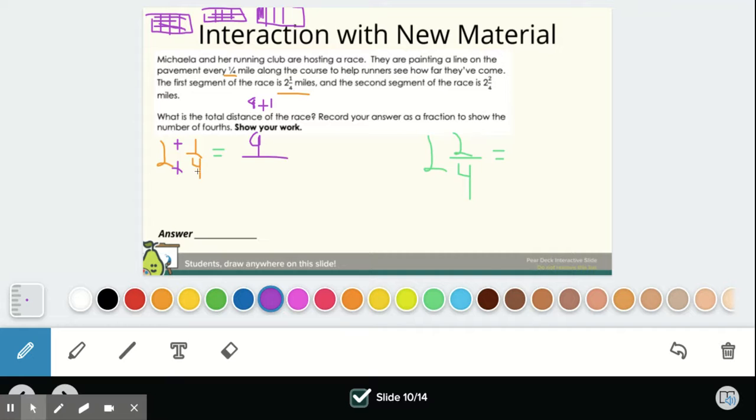A whole is going to have 4 sections, so that is how many parts are in a whole. There's 2 wholes, so that's 8 parts there, and then 1 more part is 9. But I could just do 4 times 2 is 8, plus 1 is 9, and then the denominator stays the same.